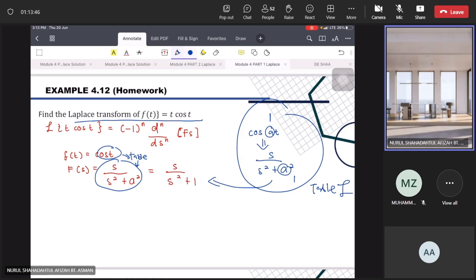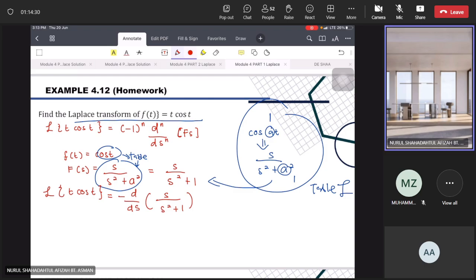And then continue. The Laplace of t cos t equals negative d/ds. So this one, the n here, you substitute with 1.